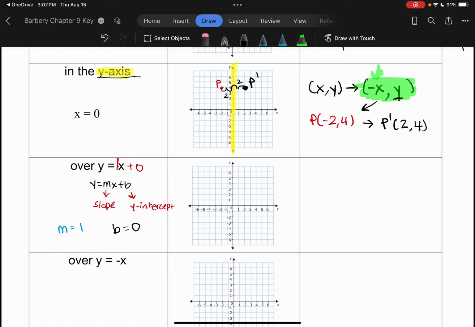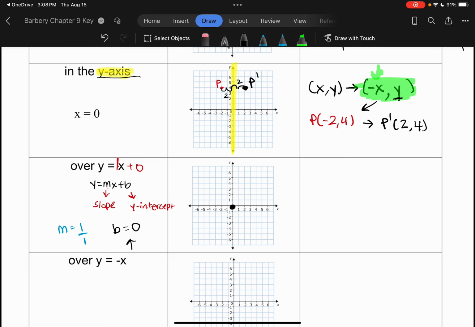Now, when we're working with slope, we want to have a fraction. So I'm going to turn this slope of 1 into a fraction by putting it over 1. Whenever you're graphing equations in y equals mx plus b, you start with the y-intercept first, b. So I'm going to look at my y-axis and start with my y-intercept at 0.